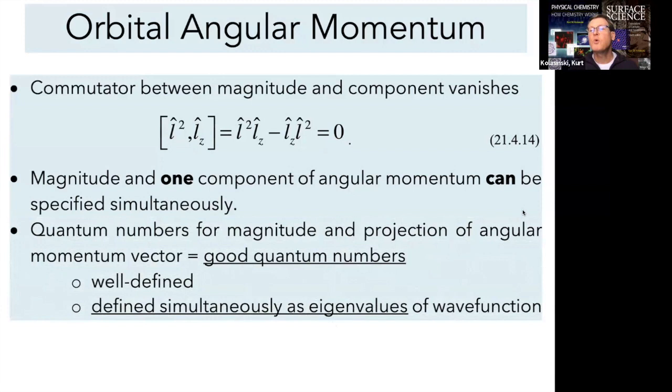Therefore, these two quantum numbers, that is the quantum number for magnitude and the quantum number for the component along the z-axis, those two can be specified. They're well-defined or good quantum numbers. We can define them and their value simultaneously because both are eigenfunctions of the wave function of the system.